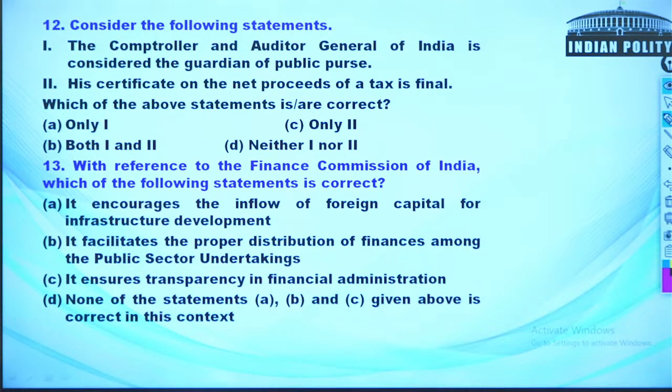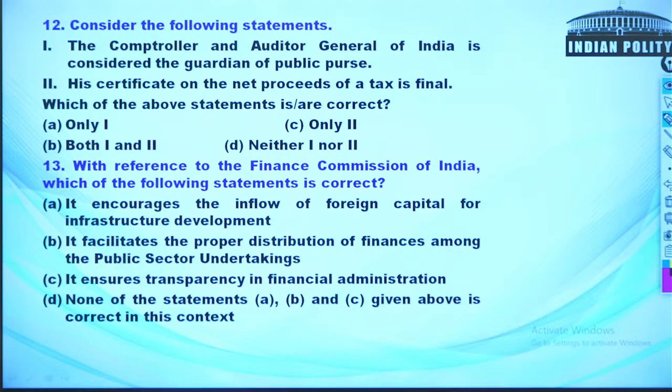So what will be the answer? In statement 1, question number 12, the Comptroller and Auditor General of India is considered the guardian of the public purse. Yes, it is correct because we have already discussed it. His certificate on the net proceeds of tax is final. Yes.